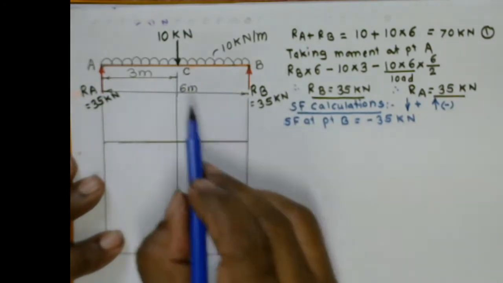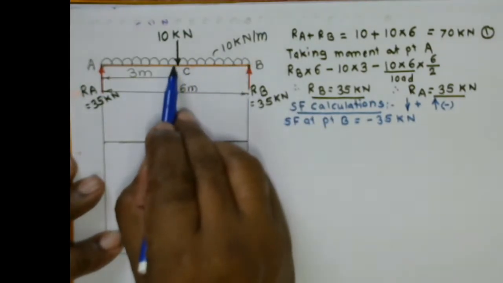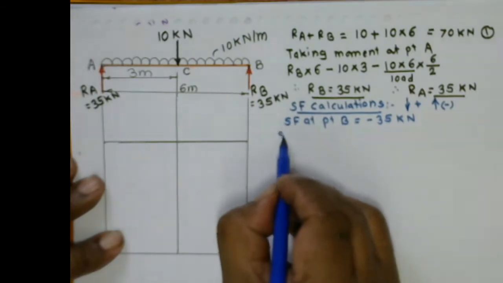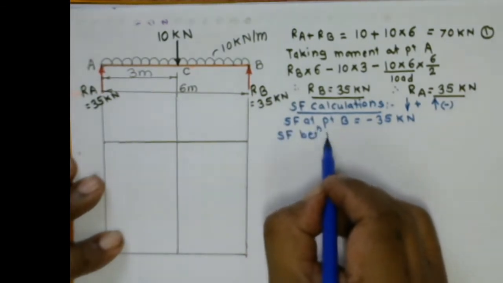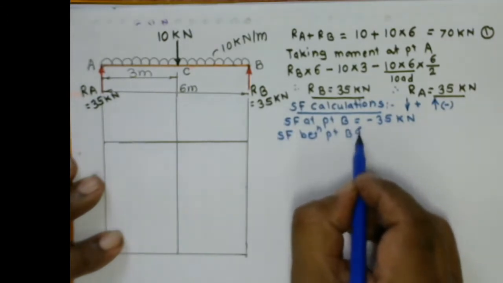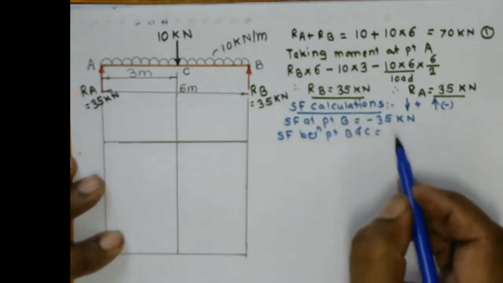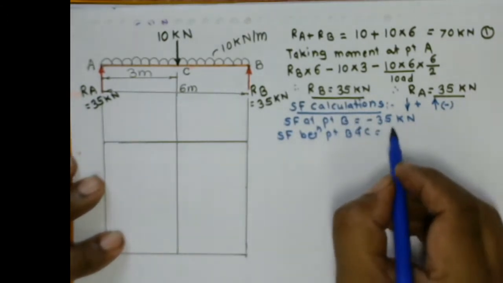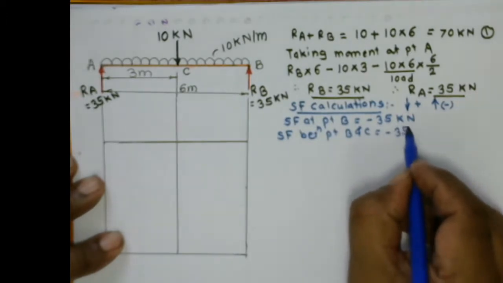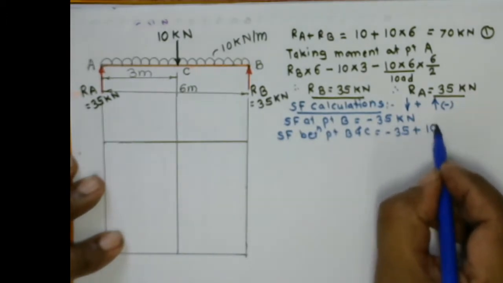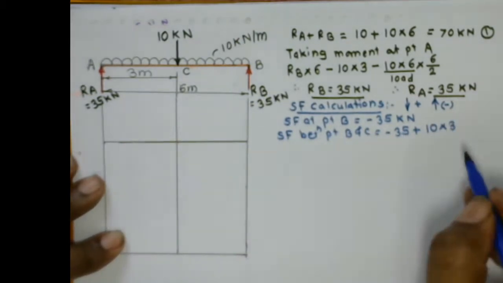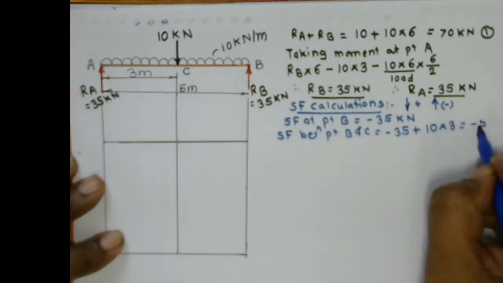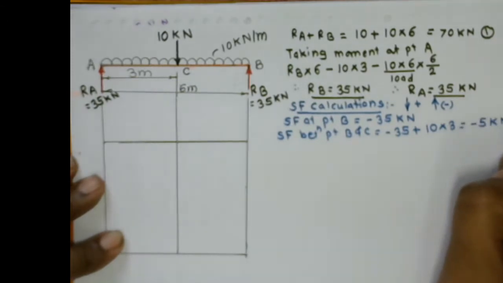Then for shear force between the point B and C, UDL is acting, so we write shear force increases from point B to C: minus 35 plus UDL rate 10, this dimension is also 3, so 10 into 3, it becomes minus 5 kilonewton.